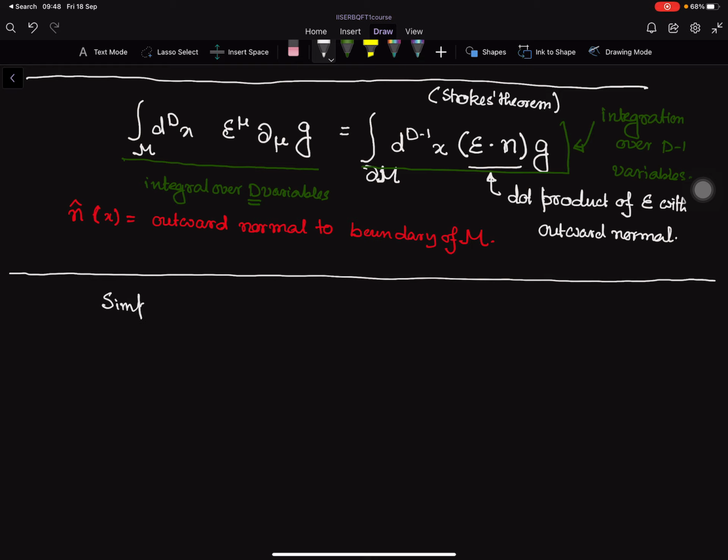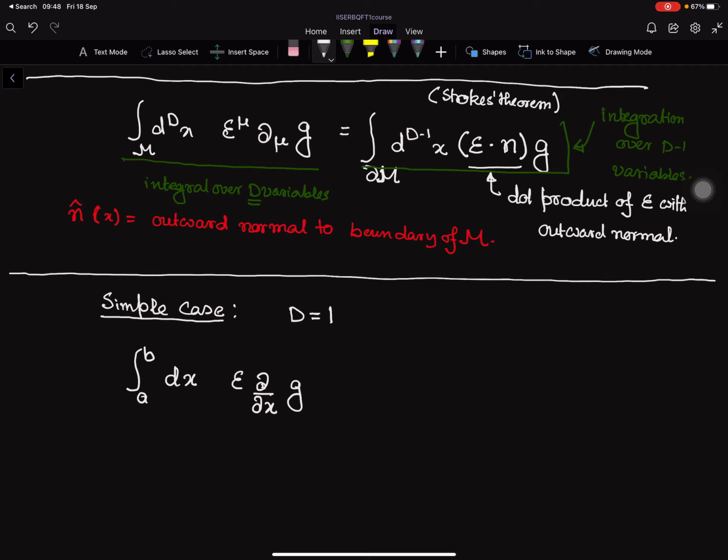So simple cases. The simplest case is when d equals 1. In that case, the left hand side is simply some ∫dx which runs from a to b, and then you have some epsilon times del x of some, let's say, g.